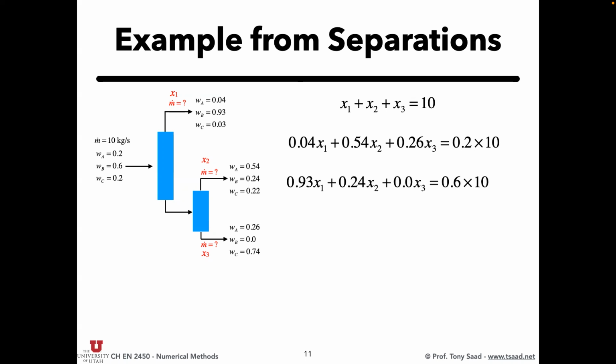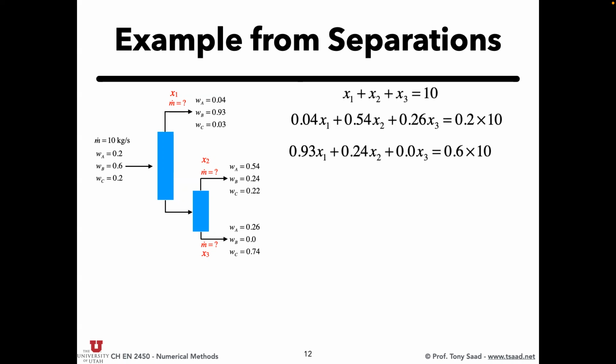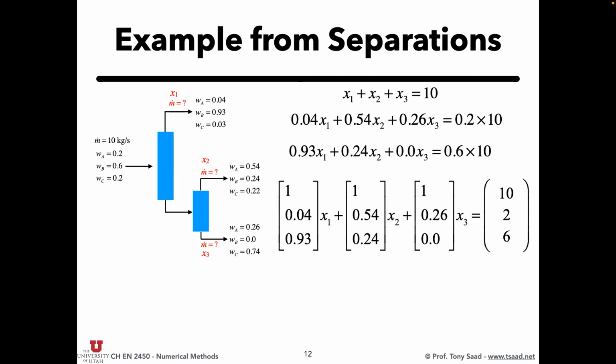That's what's coming in for A. And same thing for B. Now you could have chosen C, but then you will notice that when you create that set of equations, only 3 of them are unique. So you can use any 3 of those equations. The 4th equation is just going to be a copy of one of the other equations. It just so happened that I used the total flow rate plus A and B.